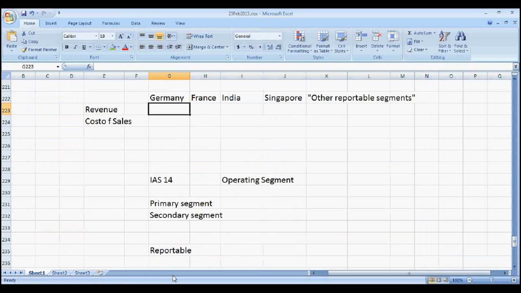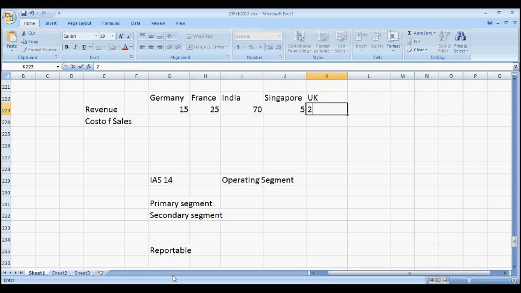Just suppose the segments generate revenue of 15, 25, 70, 5, and 20.